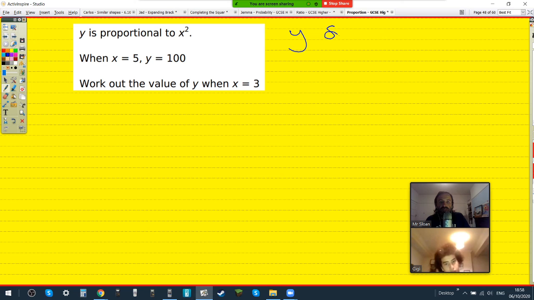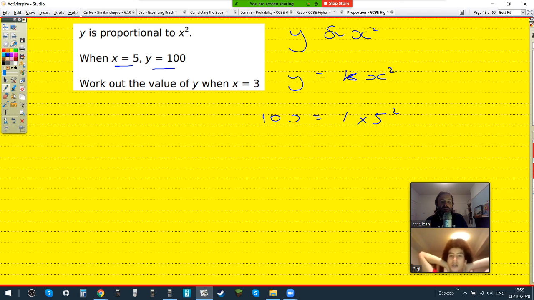Y is directly proportional to x squared. What that means is y is equal to x squared multiplied by something. Proportion is always times or divide. You can't do plus or minus. When x is 5, y is 100. Sub in 100 for y, 5 for x. Work out what k is, the constant of proportionality.